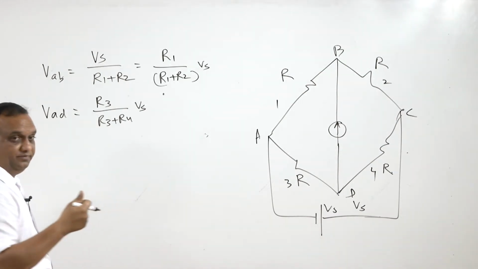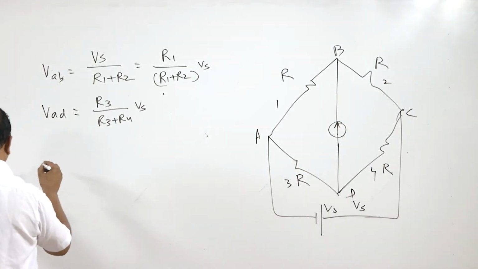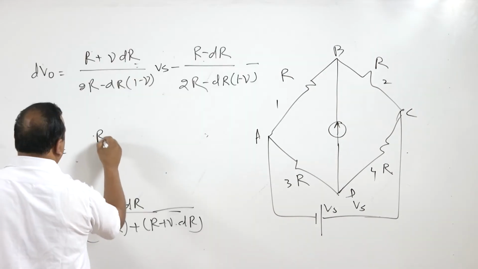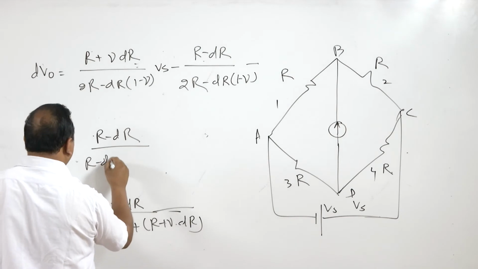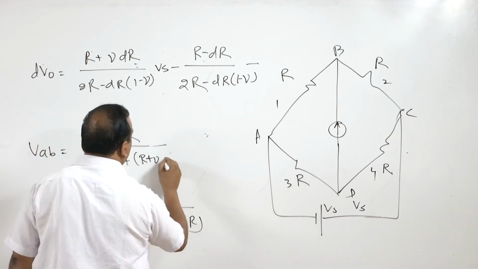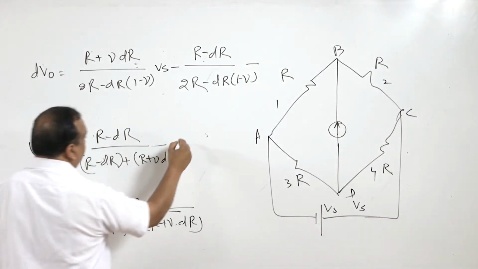Now the strain gauge is compressed, resistance has reduced. So it has become R minus dr, so VAB is equal to R minus dr divided by R minus dr plus R plus nu dr, multiplied by Vs, right?